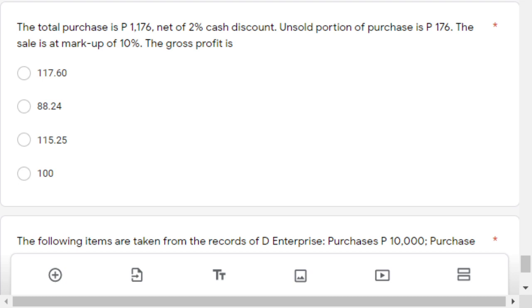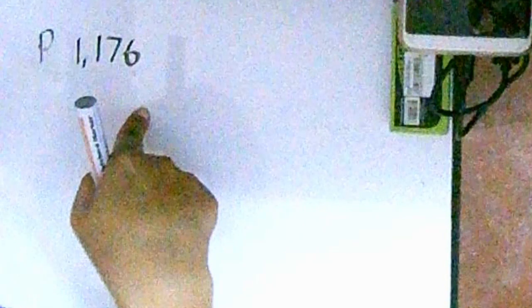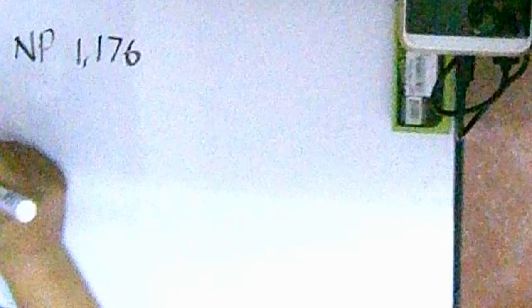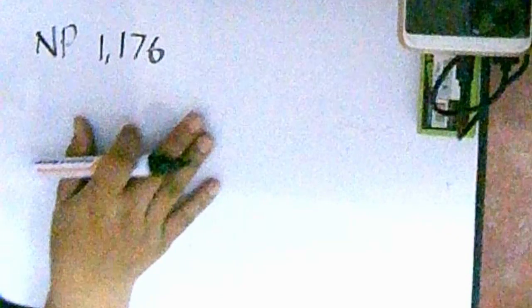So, dito, sa given natin, meron tayong purchases or total purchases, which is 1,176. That is net of cash discount. So, net purchases na natin yan. Tapos, sa na-purchase natin, meron daw ditong hindi nabenta.